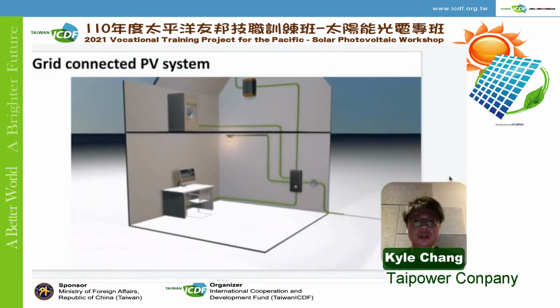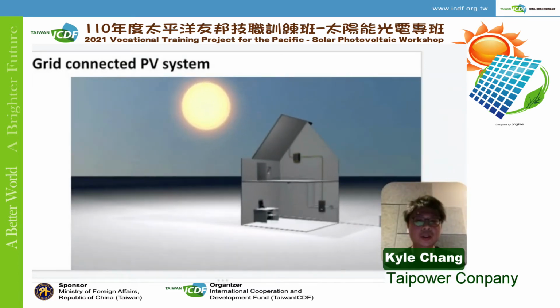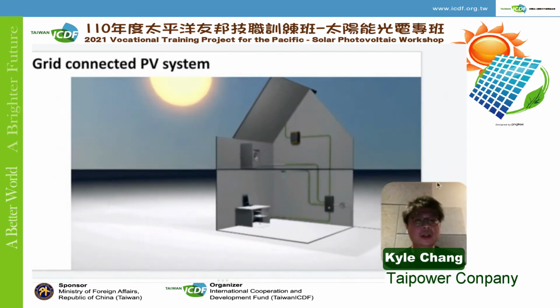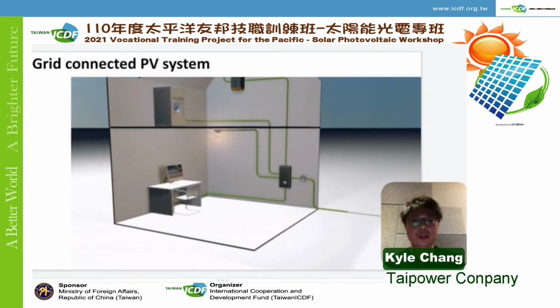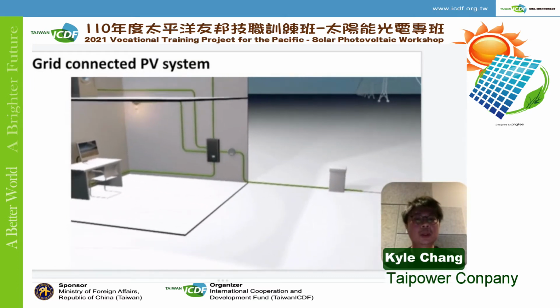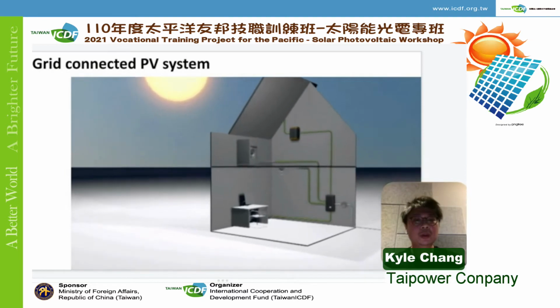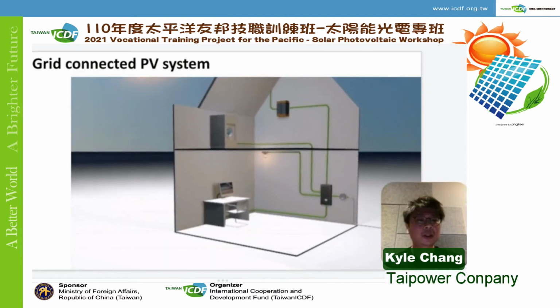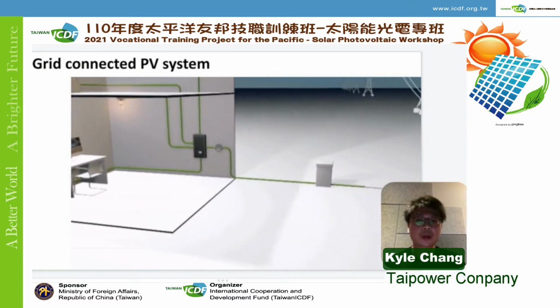Let's take a look at a typical grid connected PV system in action in the following 3D illustration. On a normal day, you can see the PV module on the top of this roof is converting the incoming irradiance into photo-generated power.